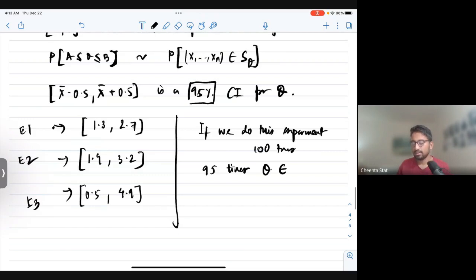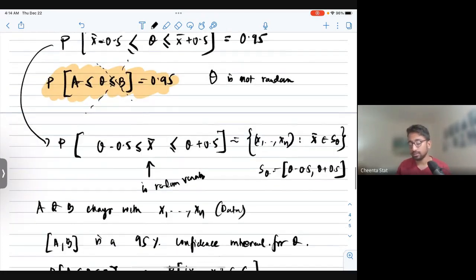Because x bar is a random variable, this whole interval is changing. So 95 times out of 100, the actual θ will lie in one of these regions. We don't know what it is, but it will lie in one of them. But 5 times it will not. And we don't know when it will and when it will not. That's the fun.